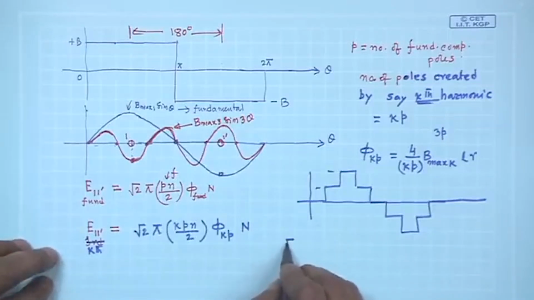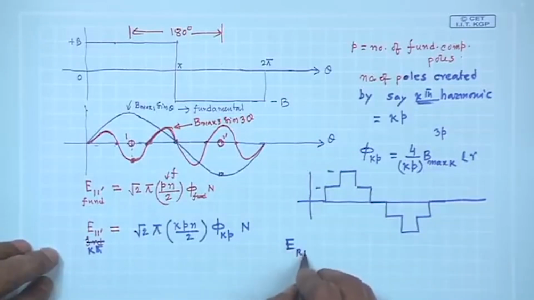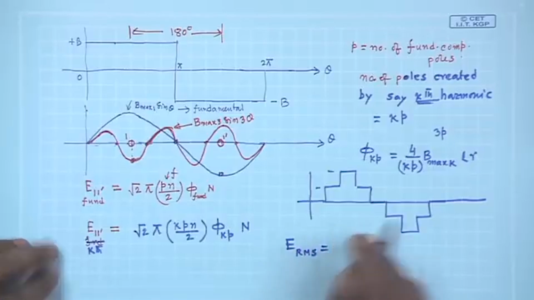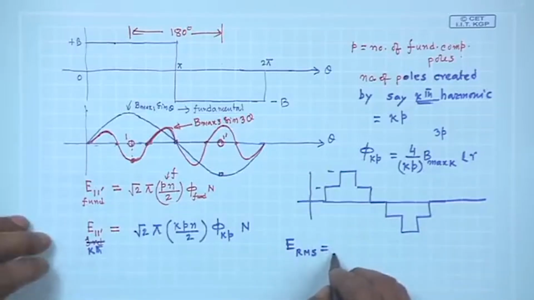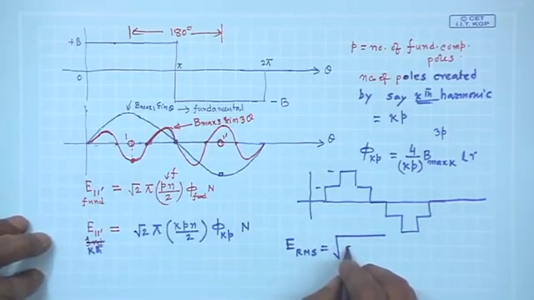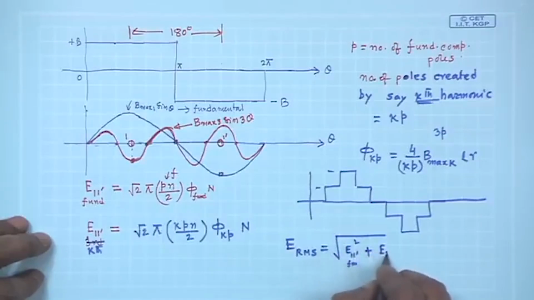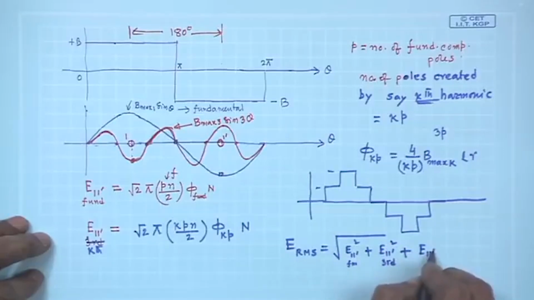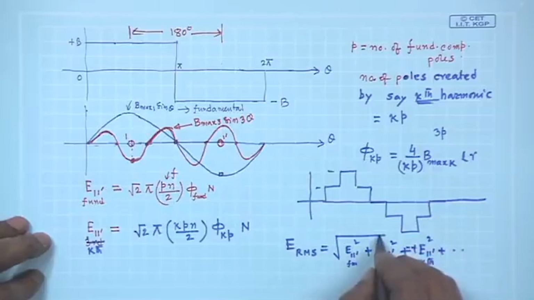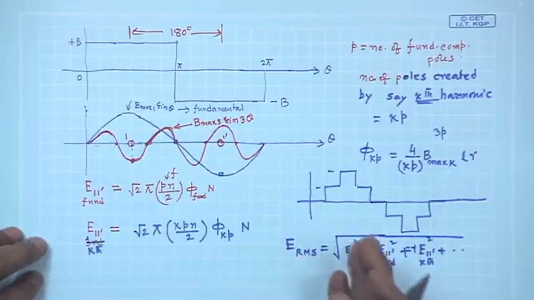For example, E RMS of this voltage waveform, in general if harmonics are present and you are not neglecting them, should be done like this: E 1 dashed only fundamental square plus E 1 dashed only third harmonic square, plus E 1 dashed only kth harmonic square, dot dot dot, add all of them, take the square root, get the RMS, and you will get the same expression.